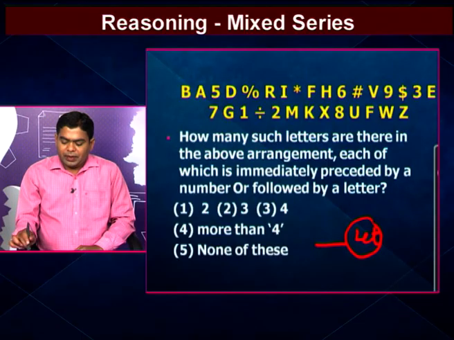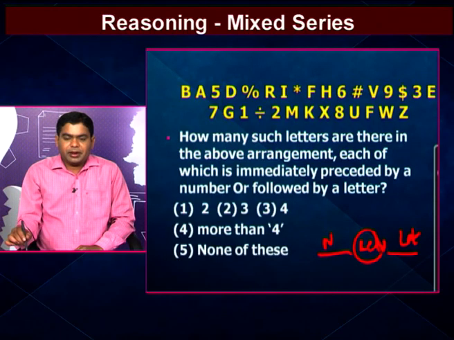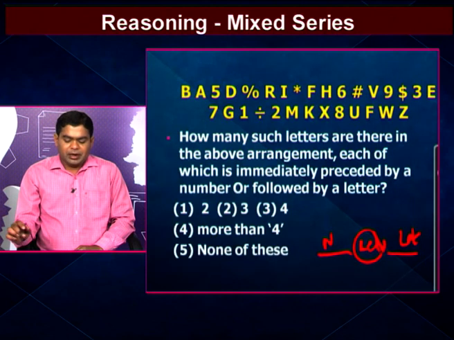Preceded means left side. The left side must be a number, or followed by a letter. We go to the letter and verify the left side. If the left side is satisfied, then we count that element. Otherwise, if it is not satisfied, the left side must be a number, the right side must be a letter.